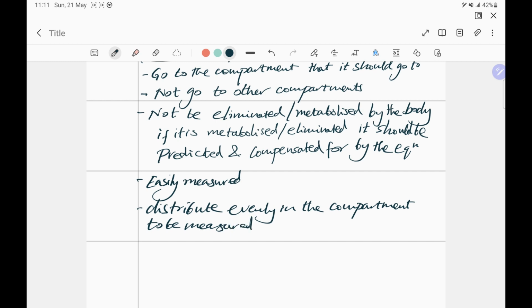You are then going to collect some fluid again. Now, which fluid are you going to collect? It's going to be plasma again. So this indicator is going to be used to calculate the volume of any fluid compartment which is continuous with or which includes your plasma, and so you should be aware of this.